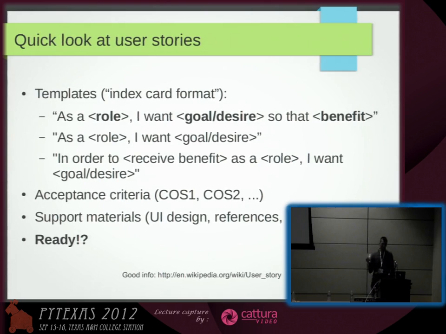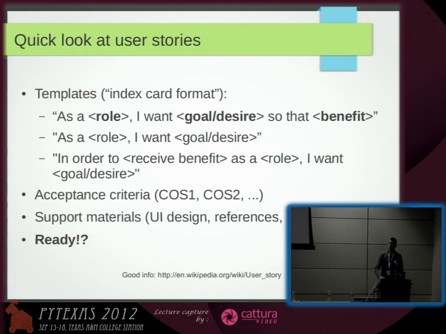And in addition to that, if you need GUI screens, designs, or you have some standard that needs to be utilized when you are doing something, you attach all these things to this card, and that's your requirement.